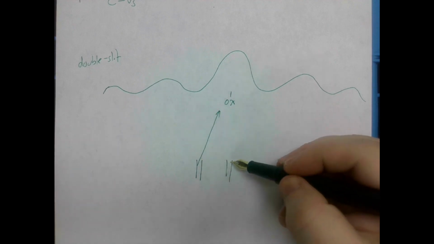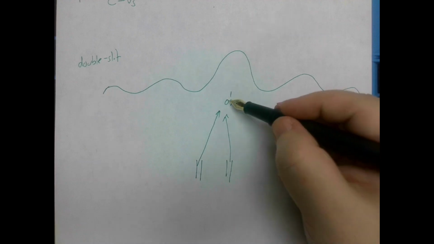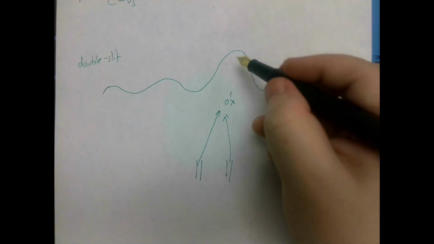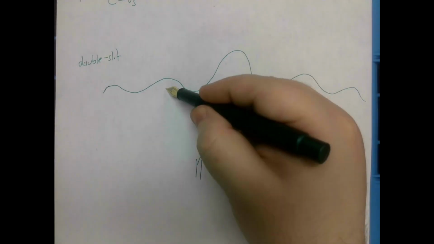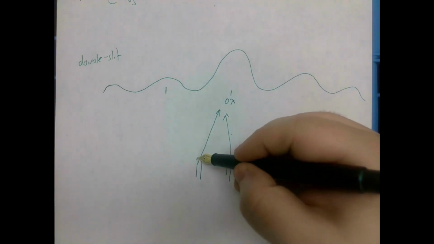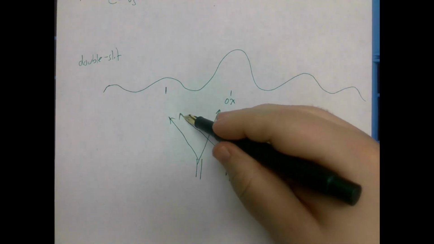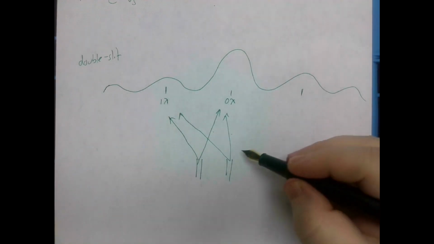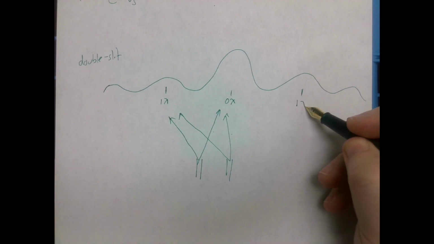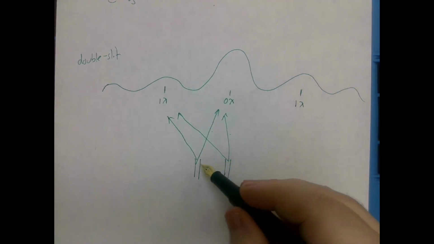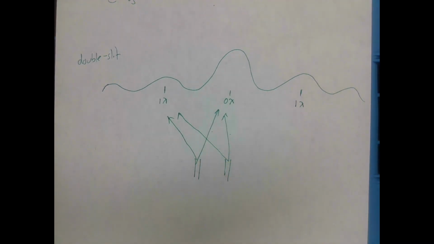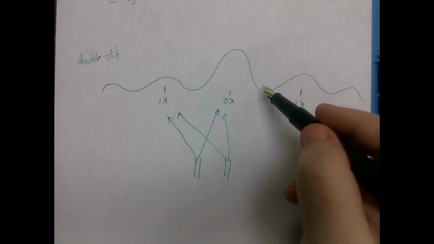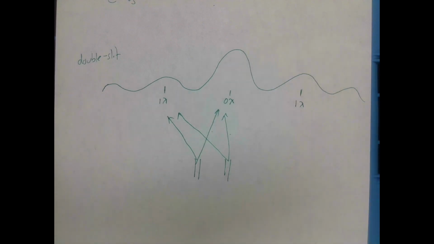If they both have the same distance, the difference between these two paths is 0. It's the brightest spot. Right here would be whenever there is a difference of 1 wavelength, and right here is a distance of 1 wavelength too. So when this light travels 1 extra wavelength of distance, we get a bright spot. Whenever it does anything in between, it cancels out. We get destructive interference.